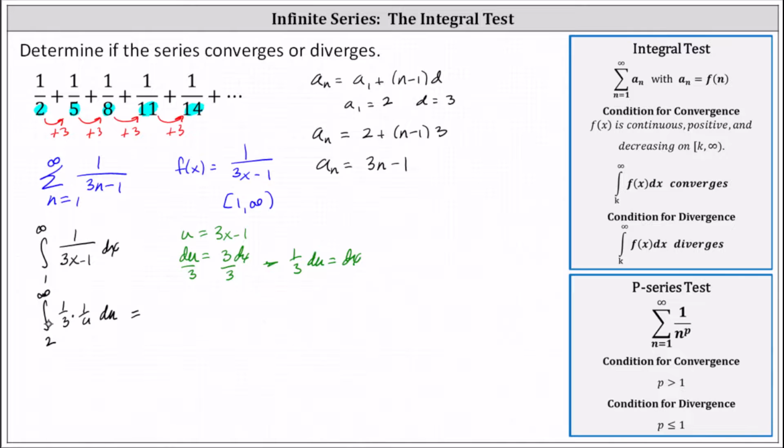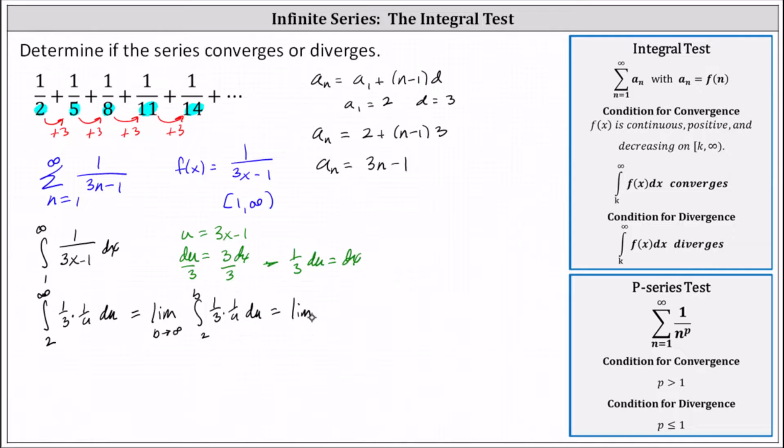Because we have an improper integral, let's write this as the limit as b approaches infinity of the integral from 2 to b of 1/3 times 1 divided by u du. The antiderivative is 1/3 natural log absolute value of u. We can leave off the absolute value because u is always positive.